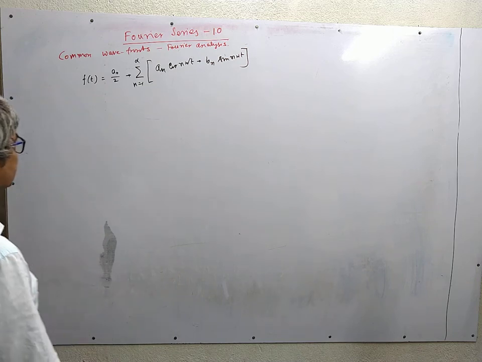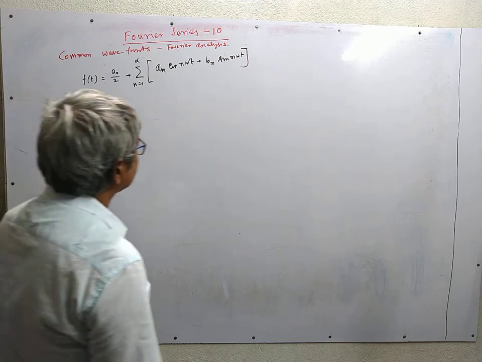n equal to 2 is the first harmonic, n equal to 3 is the second harmonic, and so on and so forth.